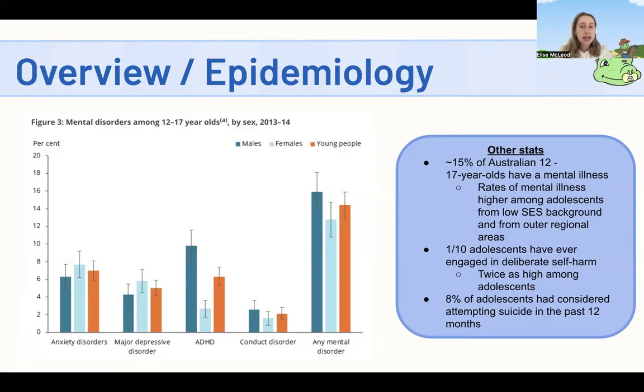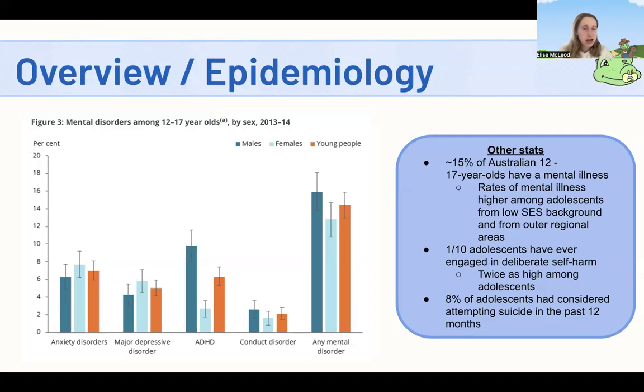And the rates of mental illness are higher among adolescents from a low SES background and an outer regional background as well. So it's really important that this inequity is addressed. About 10% of adolescents have ever engaged in deliberate self-harm. And then 8% of adolescents have considered attempting suicide in the past 12 months. So this came from an Australian study.